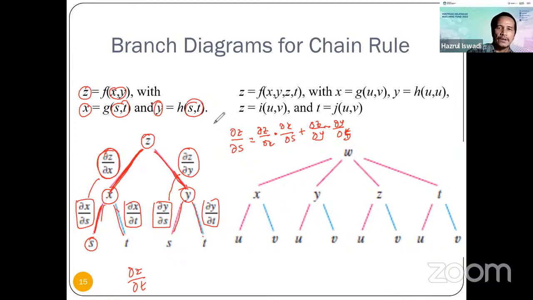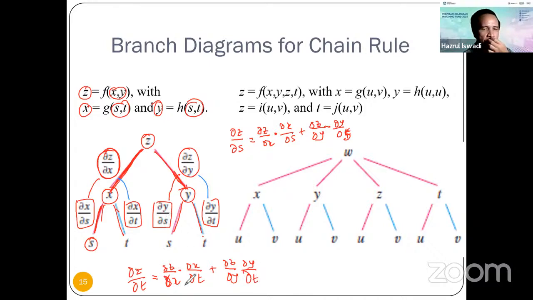So this will be the formula of z with respect to t: ∂z/∂x multiplied by ∂x/∂t, plus ∂z/∂y multiplied by ∂y/∂t. So this is the formula to find the partial derivative of z with respect to t, and this is z with respect to s.